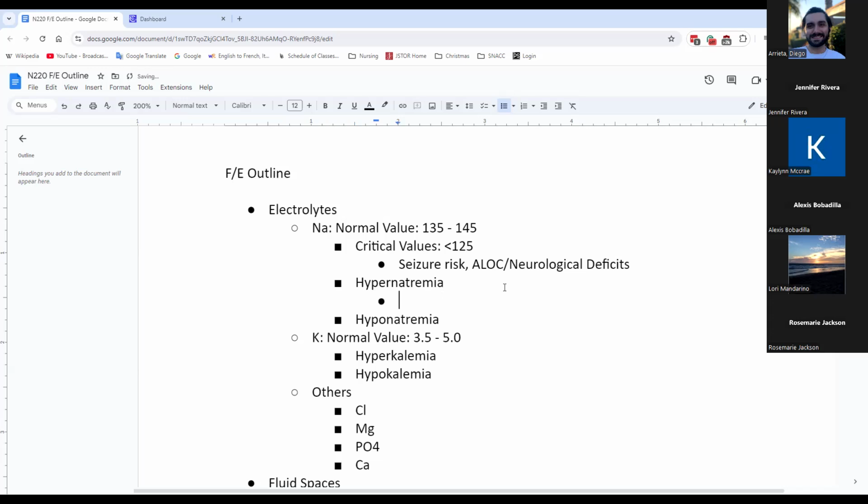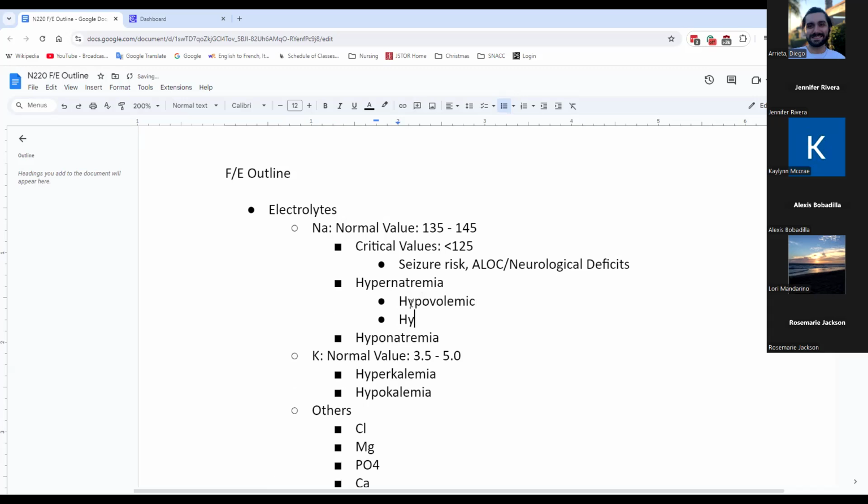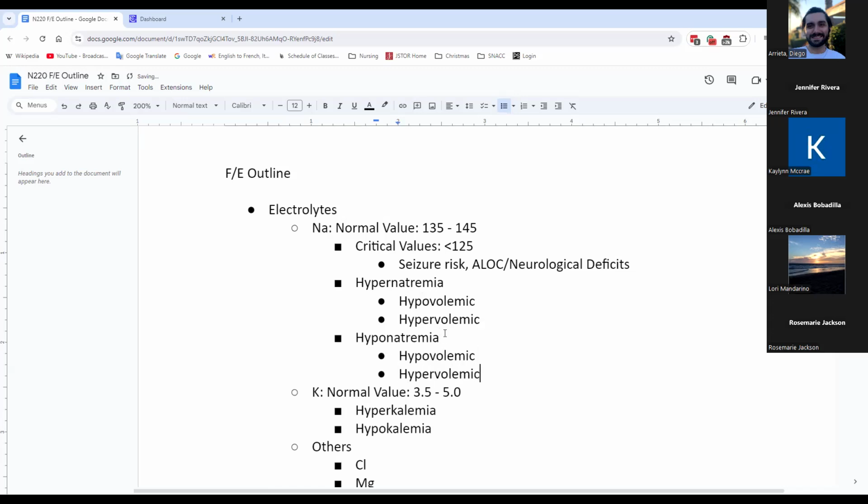So hypernatremia. What are some things you equate with hypernatremia? Thirsty, sure. So there's actually two types. Let's go over hypovolemic hypernatremia. So when you have hypernatremia, yeah, decrease in blood pressure with the hypovolemic.